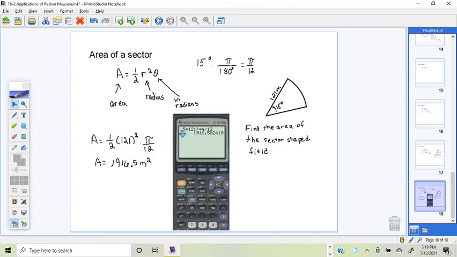You would multiply that out, 0.5 times 121 squared times pi divided by 12, 1916.5 square meters. That would be the area of the field, and that could be used for whatever reason you needed to know the area of the field.